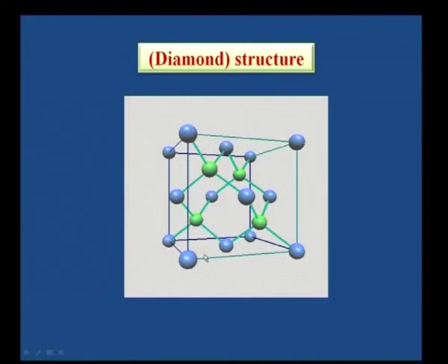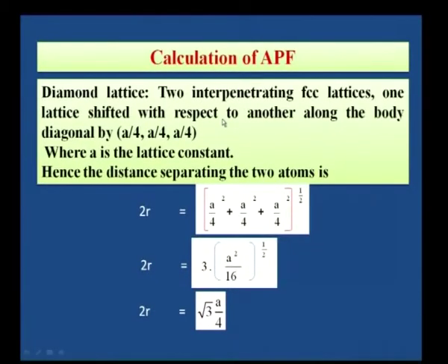We have been using the hard sphere approximation. By this, what we mean is the two atoms in the BCC structure, FCC or the diamond structure, they should be touching each other. When they touch each other, then this is A, the length of the cube, the A will be equal to 2r obviously, right.